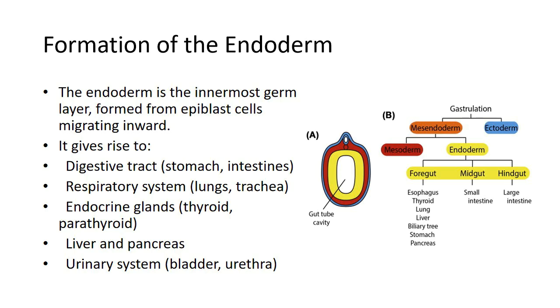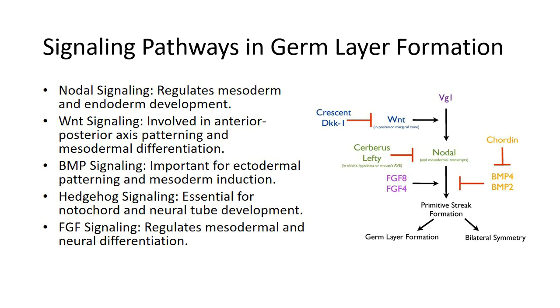5. The role of signaling pathways in germ layer formation. The development of the ectoderm, mesoderm, and endoderm is regulated by various signaling pathways that control cell fate, migration, and differentiation.